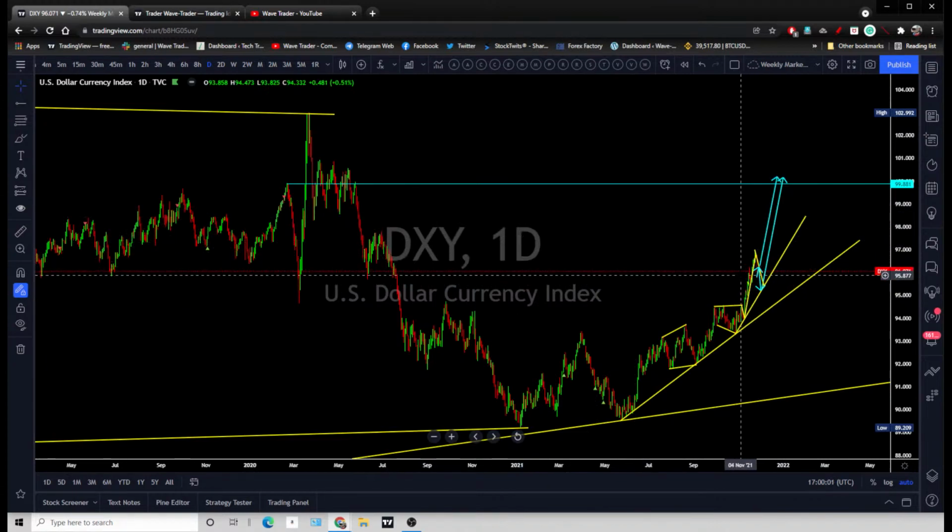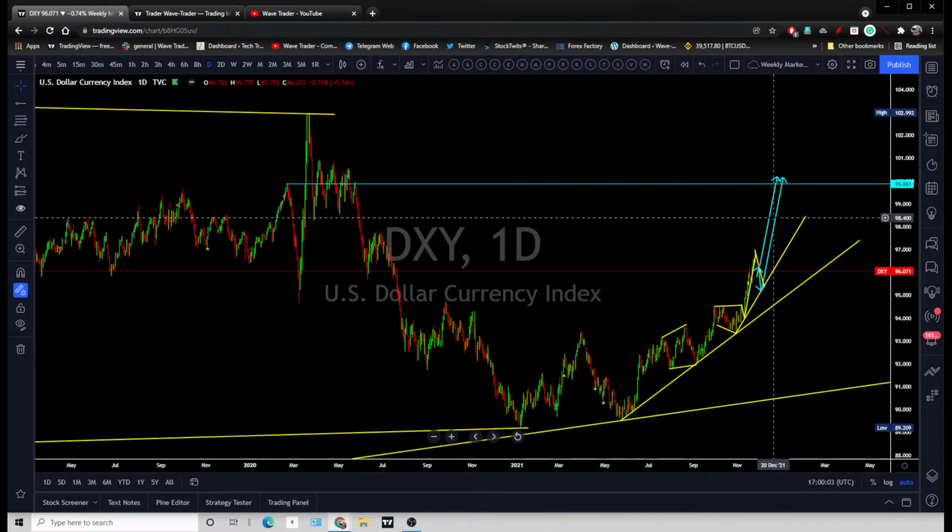So continuation for more upside, even if, as we were talking about last week, the pace of the tapering matters. I've been saying again and again that the strength of the dollar is going to depend on the pace of the tapering, how the Fed is going to react to the market and to inflation.